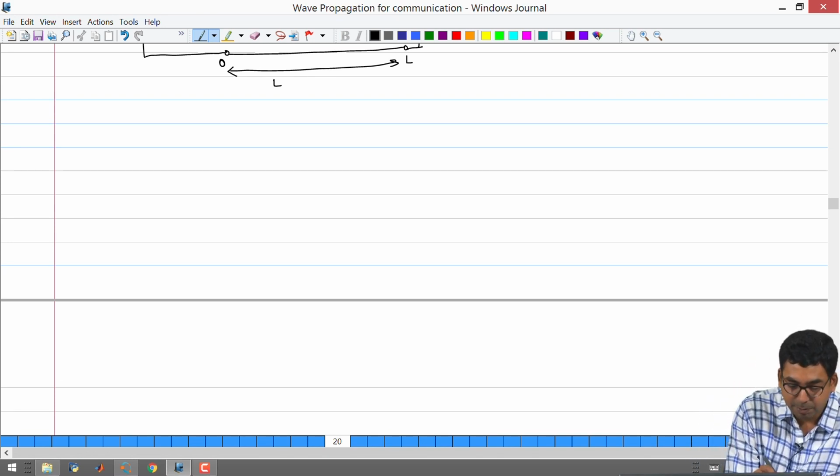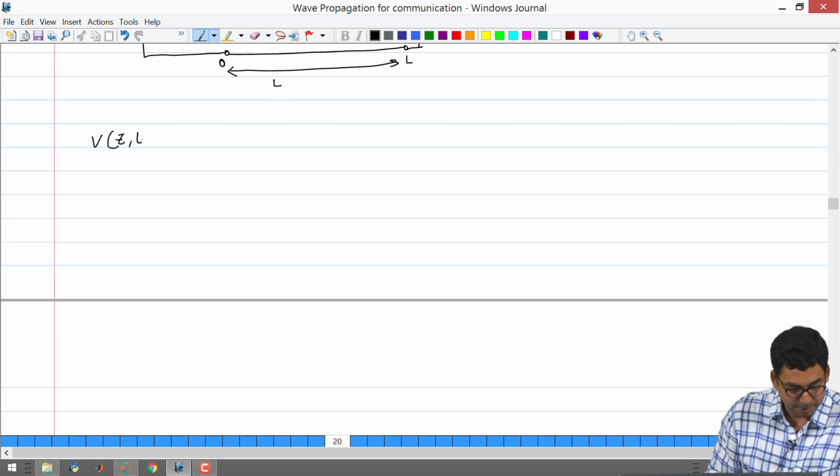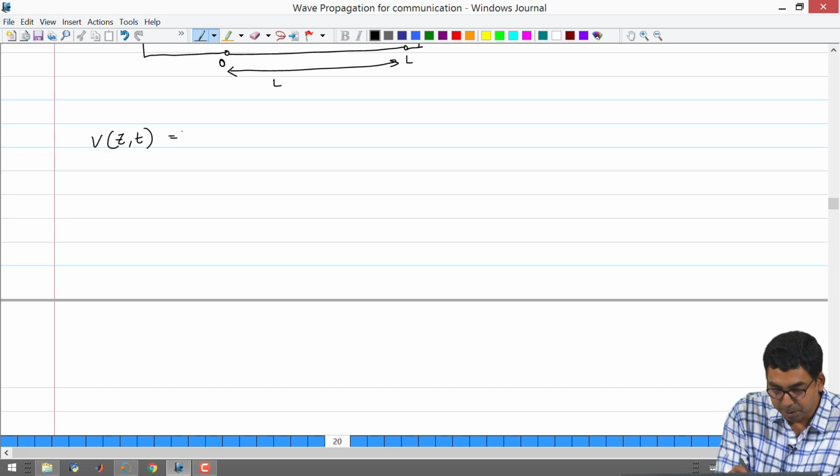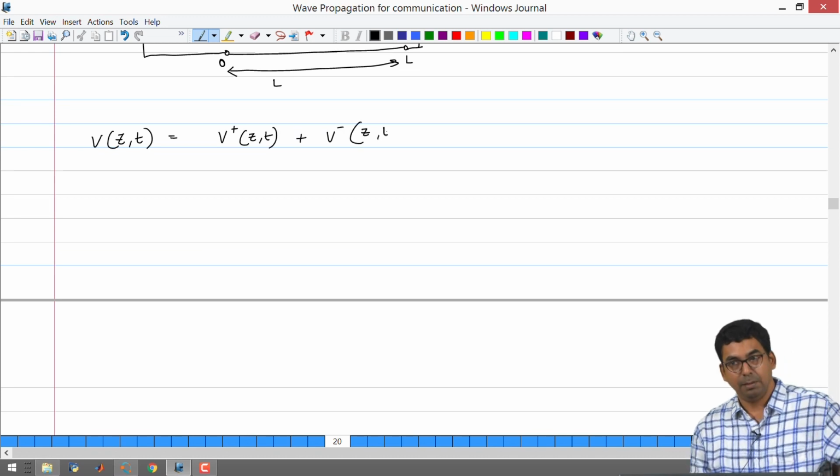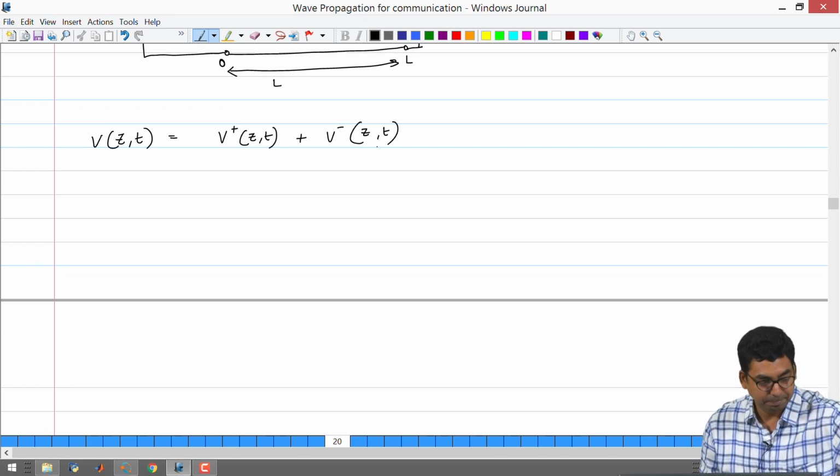So, we can say that V of z comma t, we know the general solution is going to be some V plus of z comma t plus V minus of z comma t, okay.